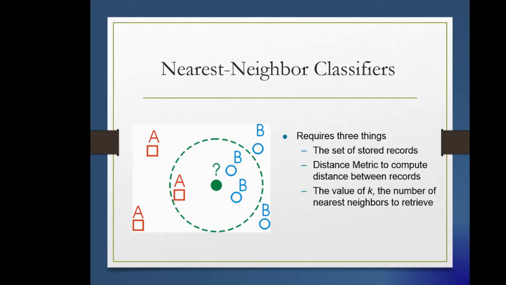A set of stored records, something like A, B, and there are so many samples in our data set. We usually use a distance measurement technique, something like Euclidean distance, though other techniques can also be used, and a value of k, indicating the number of nearest neighbors, is also used in this method.